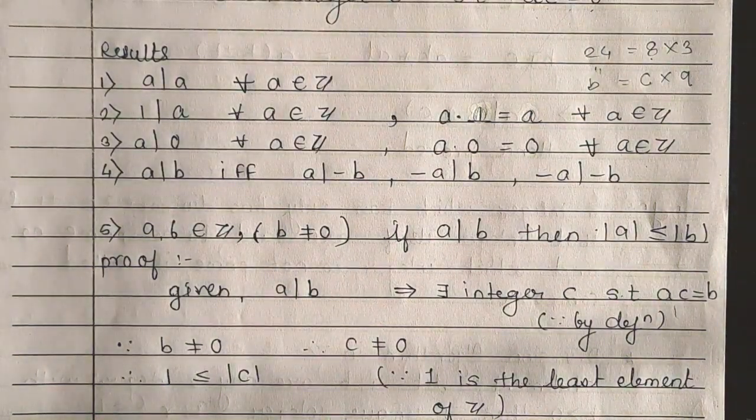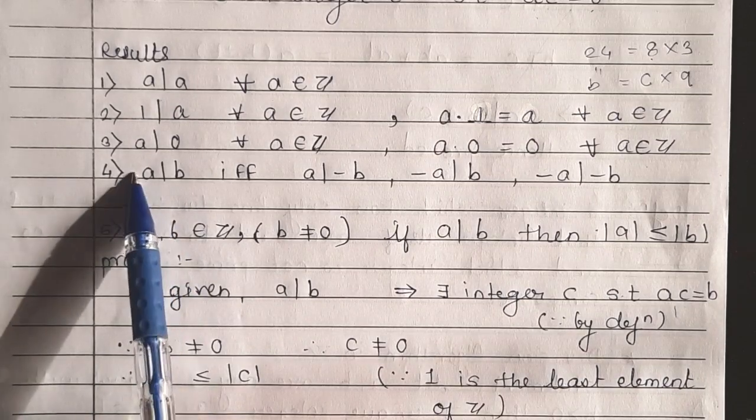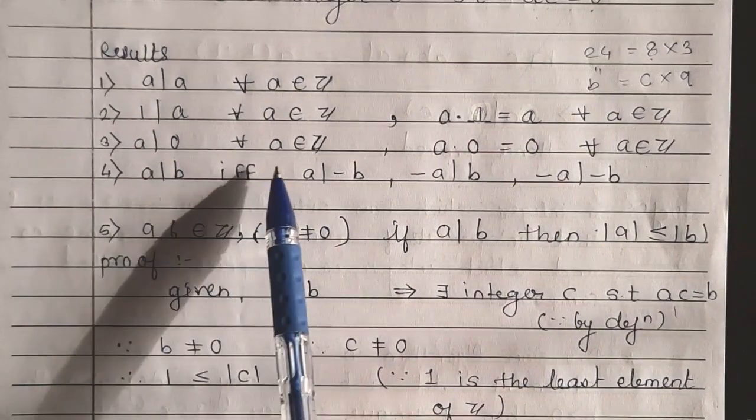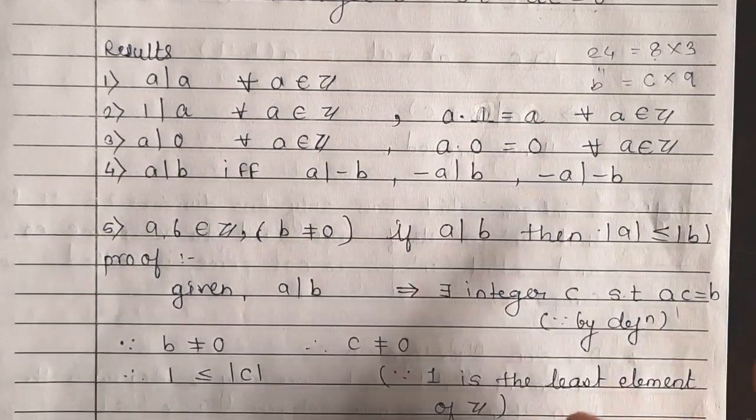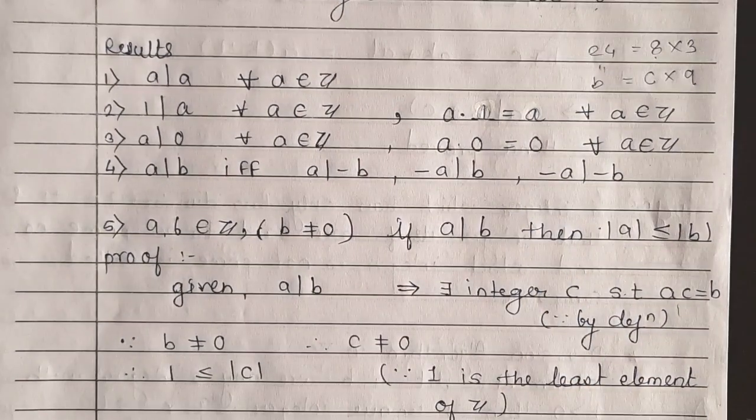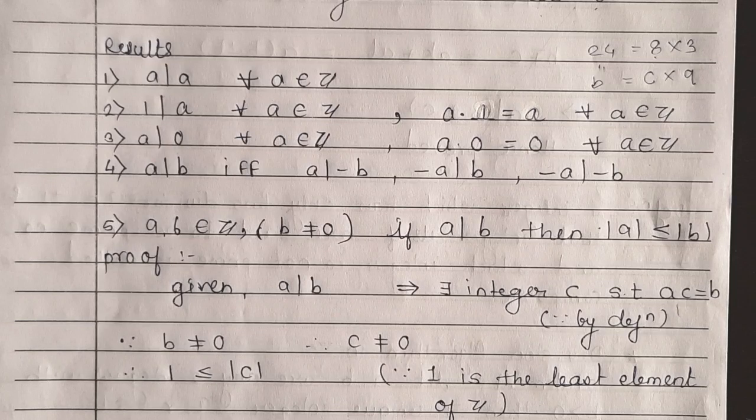Now the third property is A divides 0. A divides 0 means A into 0 is equal to 0. If you take any number, suppose 3 or 5, then 5 divides 0.